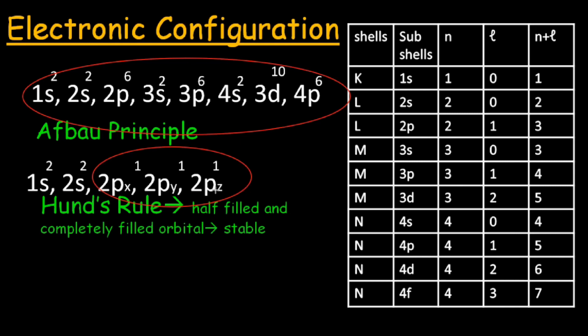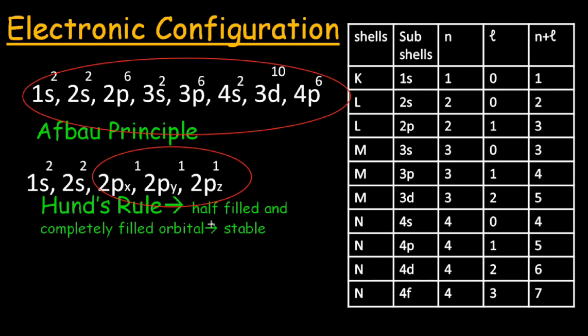Not a pair of electrons filled in 2px first, a pair in 2py, and a pair in 2pz. No, this is not correct. You have to fill a single electron in every degenerate orbital first. The second electron will be filled later, after filling 1 electron in each of the 2px, 2py, and 2pz orbitals.